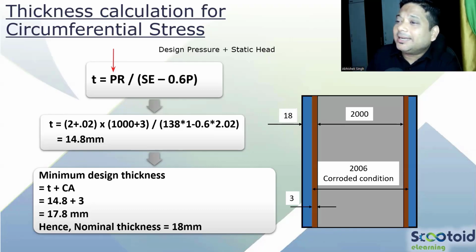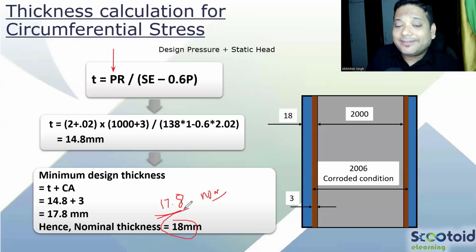Let us think first, for a few minutes, that I had a plate of exactly 17.8 mm. I was lucky enough to get a 17.8 mm nominal thickness plate in the market.